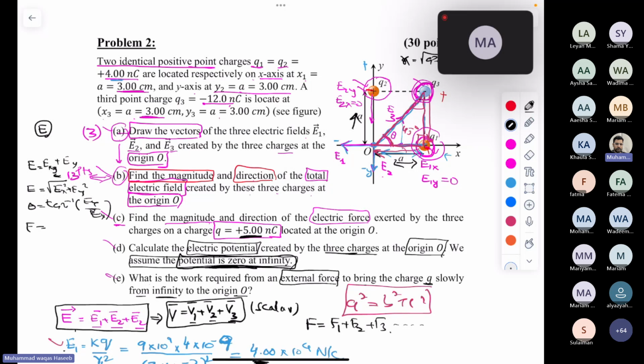Then you calculate the force on the charge. Then the potential, which is V1 plus V2 plus V3, and finally the work done, or the potential energy stored, to bring a charge from infinity to that particular point. So this is a comprehensive problem that covers everything in electrostatics. This is how it works.